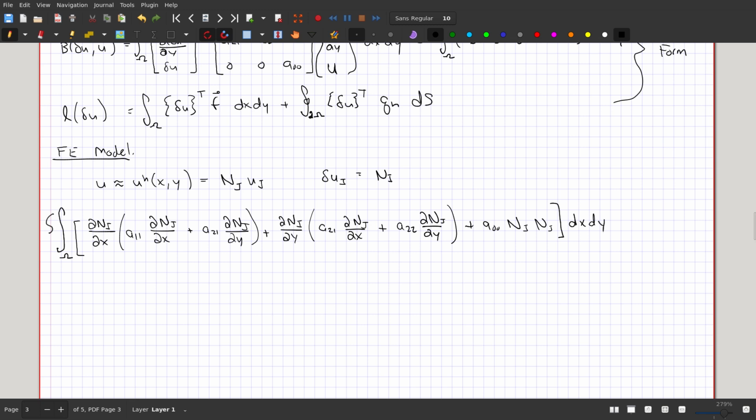And then I'm going to put the constant u_J outside the integral, right? So those are the constant nodal values, unknown nodal values that we're solving for, but they're constant with respect to x and y. So we'll move them outside.